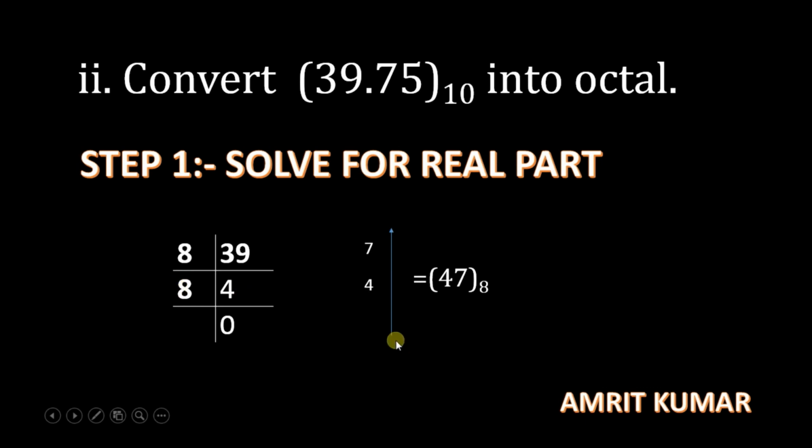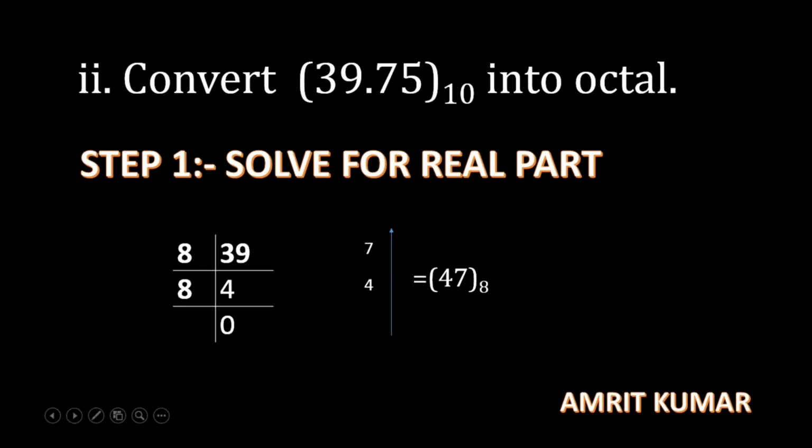After that we have to follow the bottom to top approach, because that is the rule of decimal to octal conversion. So we write 4 first, then 7. Therefore my output is 47 base 8. Okay, so this is how we can solve for the real part.